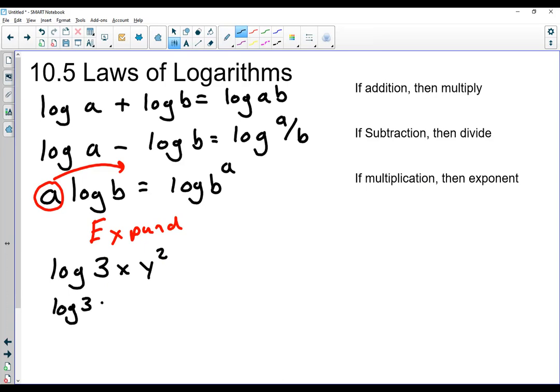So log 3 plus log x plus log y squared, but the y is not by itself yet. We're going to take the 2, move it to the front. So it's log 3 plus log x plus 2 log y.